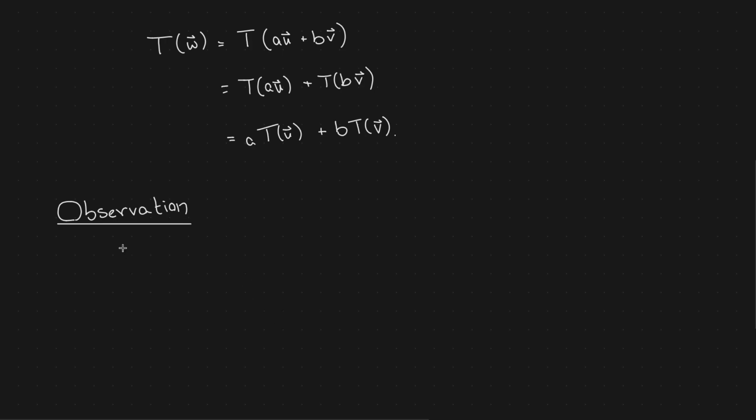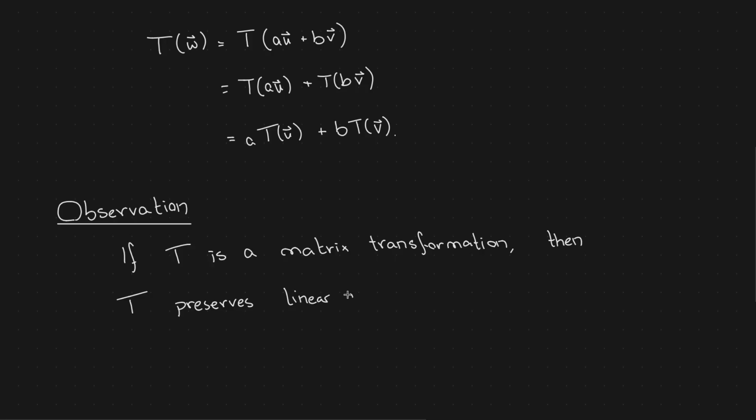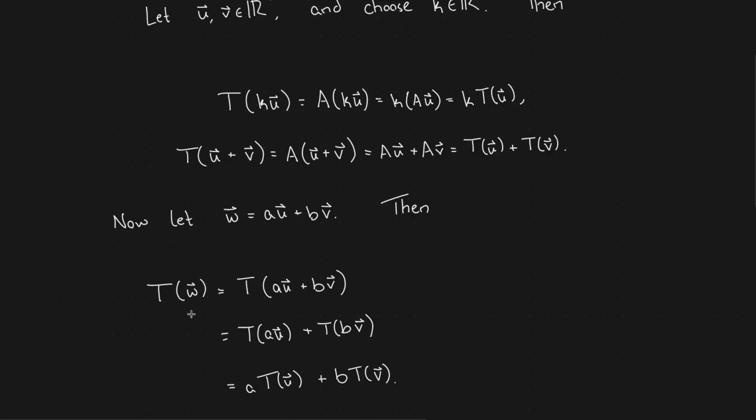Our observation is if T is a matrix transformation, then T preserves linear combinations. Okay, that is, we use this word preserves when it's true before and it's true after. So if we have a linear combination and we apply T, then after we apply T, we still have a linear combination.